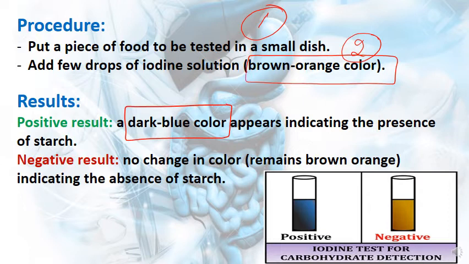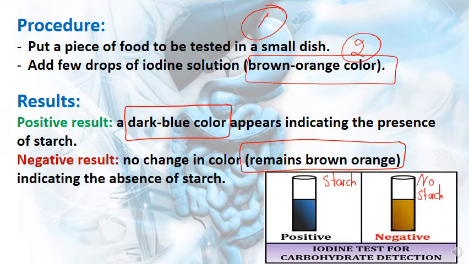This dark blue color indicates the presence of starch. While for the negative result, there is no change in the color, so we have a brown orange color. This indicates the absence of starch.